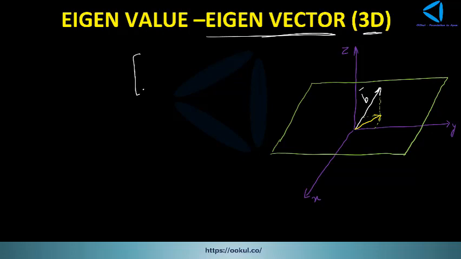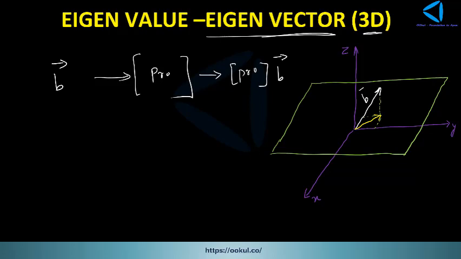So you have a matrix, say a projection matrix, and you are giving it b. So you are finding the projection matrix times b, right? So will this be parallel in any case?